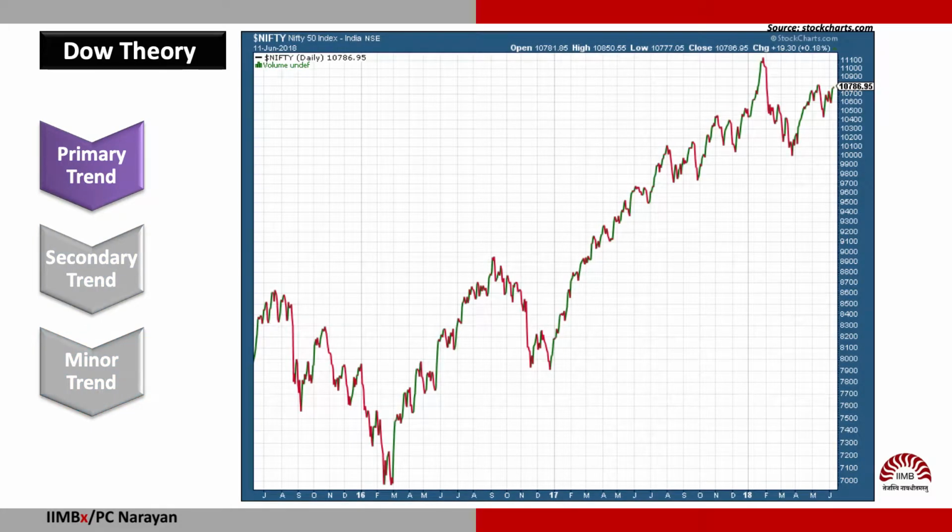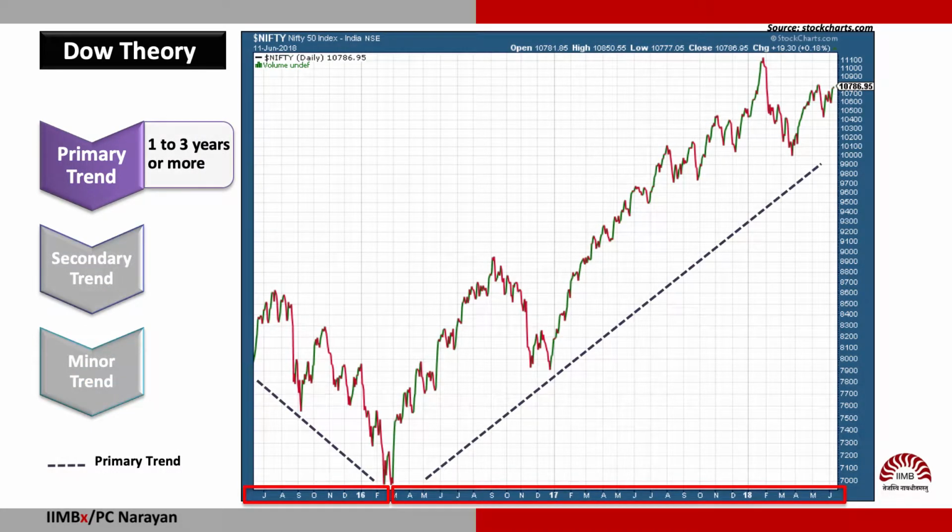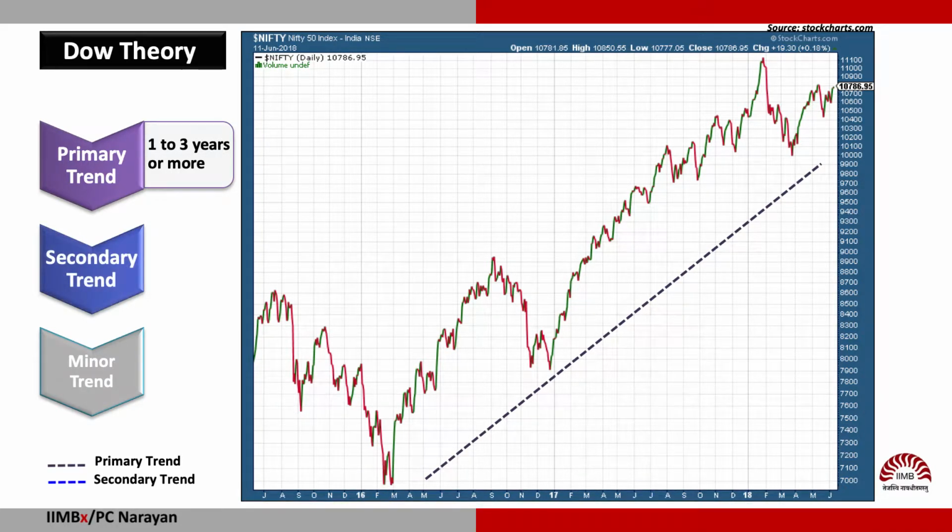Primary trends will generally last between 1 and 3 years or more. Secondary trends, on the other hand, have a shorter time frame, typically between 3 weeks and 3 months, embedded within the primary trend.